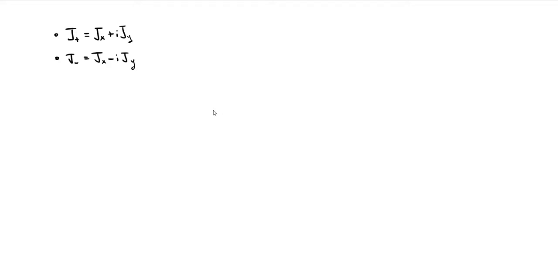To show all this, though, we're going to need to know the commutation relations of our other operators with these operators. So real quick, looking at the commutation relation between the z component operator and the J plus operator, this, of course, by definition is just Jz with Jx plus i Jy, those two operators operating in a different order.